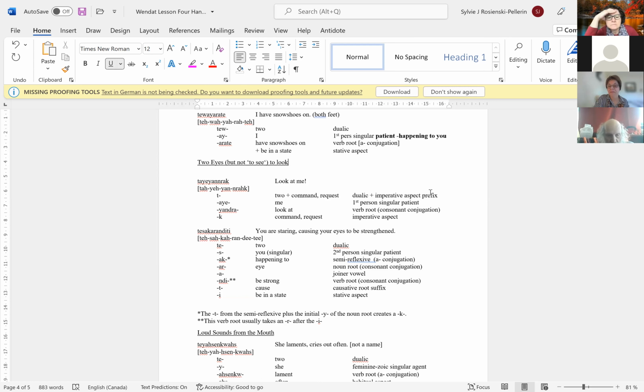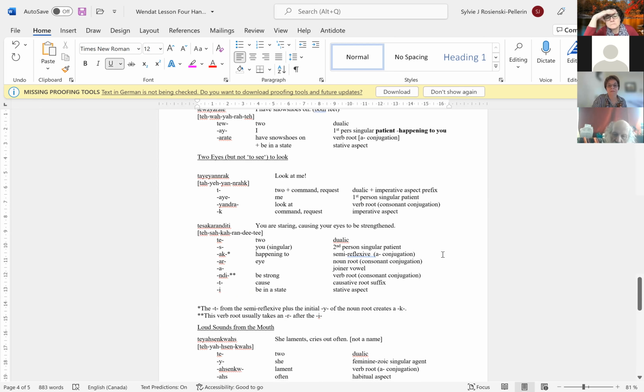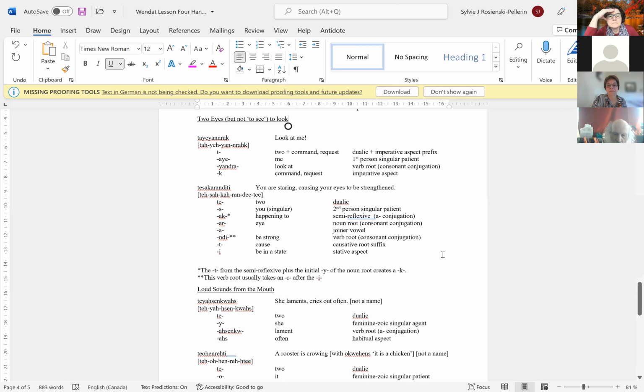So now here, the imperative is both a prefix and a suffix, comes before the verb and after the verb. So what you have here, you have to plus command or request, the dualic, and the imperative aspect suffix.